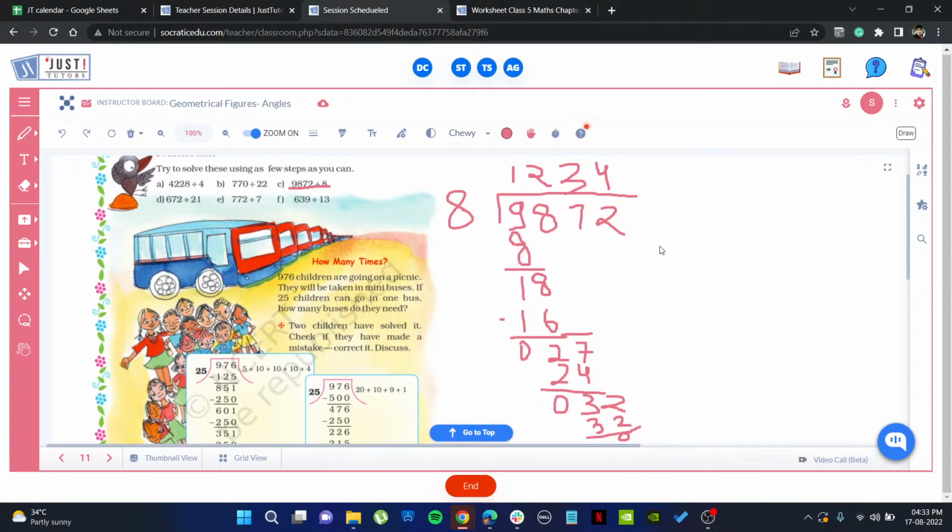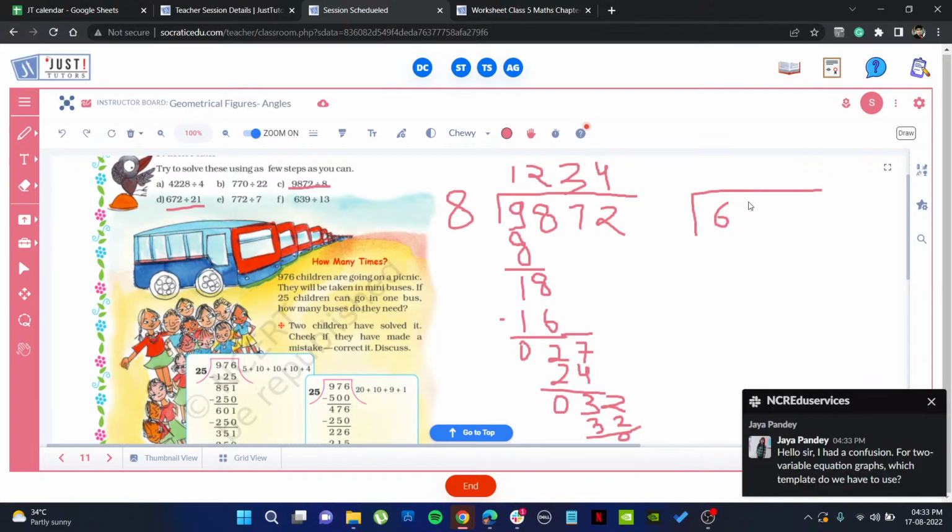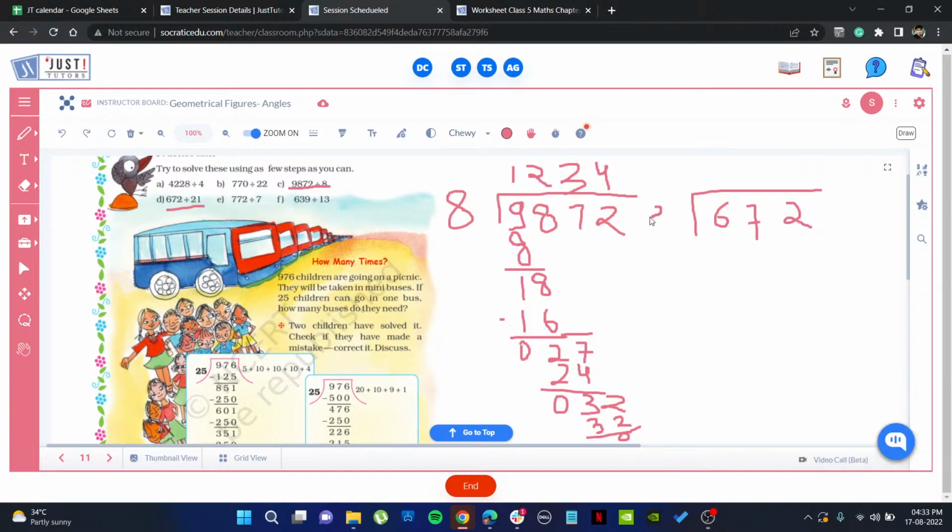Now let's solve question D, where we can see that 672 is getting divided by 21. So here we'll be starting with this 6.